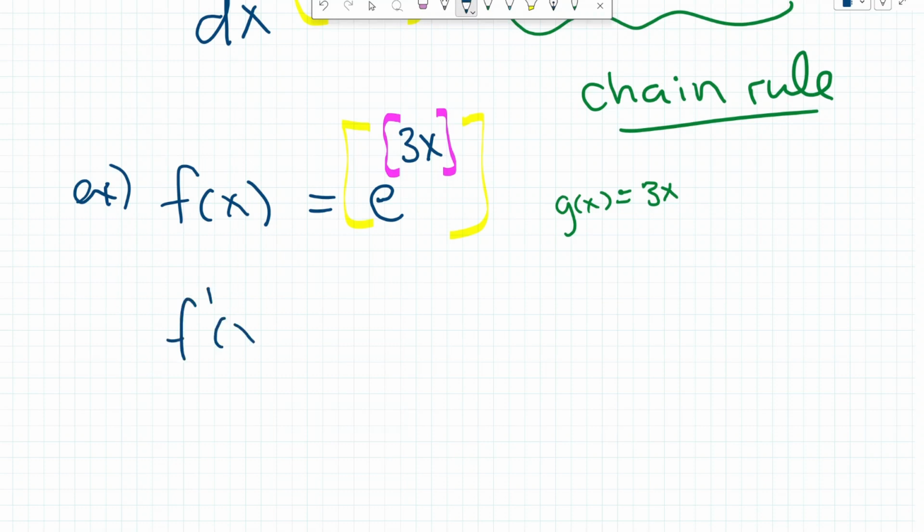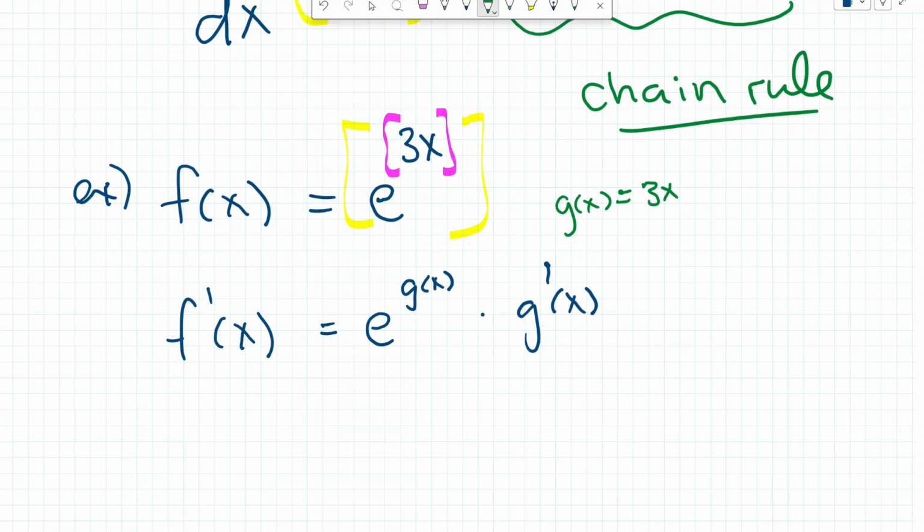So f prime of x equals e to the power of g of x multiplied by g prime of x. I always recommend to write out your definition first. So we've written out the definition of our derivative. And then secondly, I recommend to calculate every component separately, and as a final step, plug it all into your definition. That actually helps you reduce errors, and it helps you organize your thoughts in all the components of your equations, especially as you get larger equations as you go on in math.